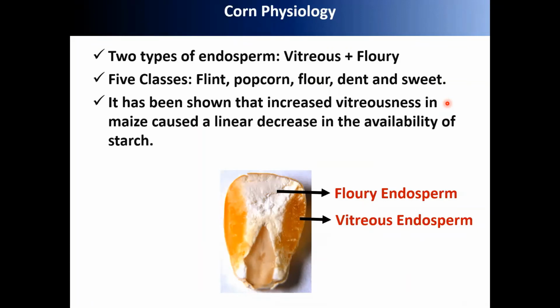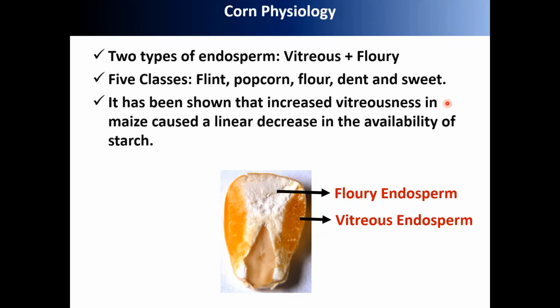Maize can be categorized into 5 classes according to kernel hardness. These classes range by decreasing vitreousness: flint, popcorn, flour, dense, and sweet. It has been shown that increased vitreousness in maize caused a linear decrease in the availability of starch, and that the endosperm protein composition and distribution determine the vitreousness.